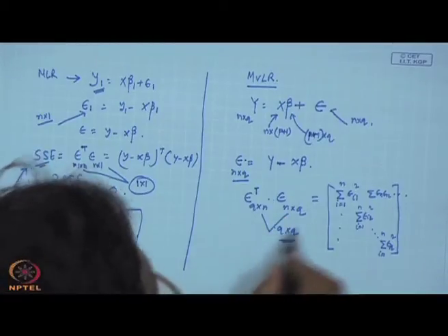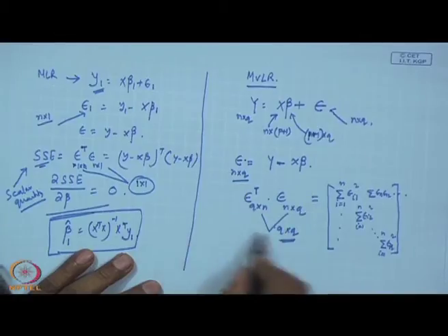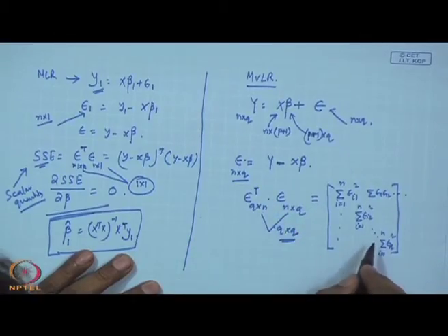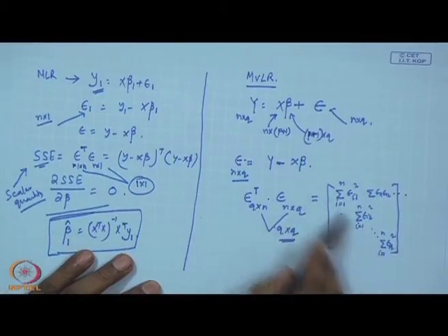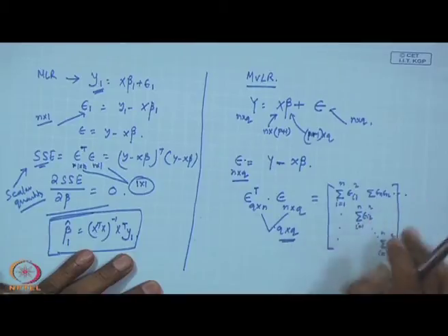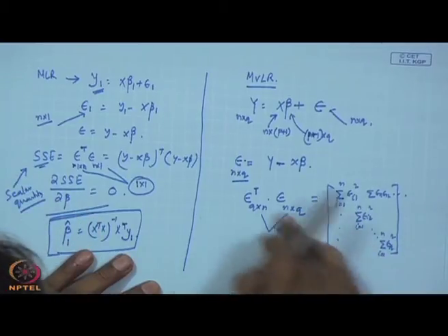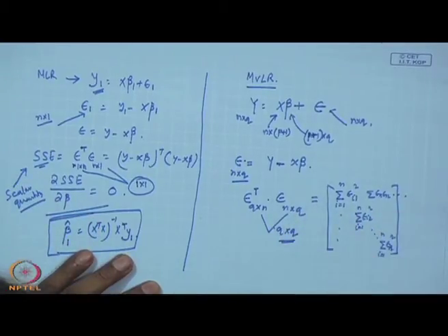So, your sum of squared errors is no longer a scalar, it is a matrix, and it is symmetric. It has diagonal elements, the variance components, and the covariance components of these error terms, although we assume that the covariance component will be 0, that is our assumption.